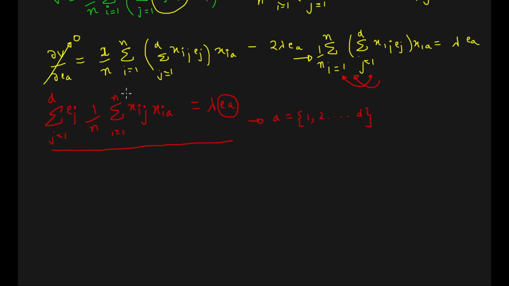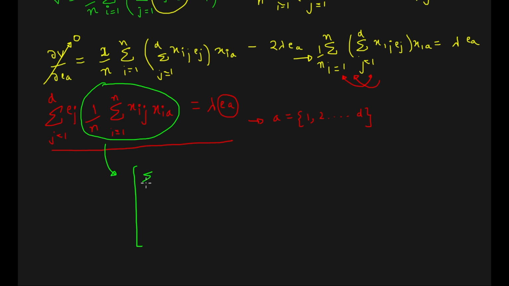I want you to look at this term right here. This term represents the covariance between the a-th and the j-th dimension. So when we write this in matrix form, this becomes the covariance.